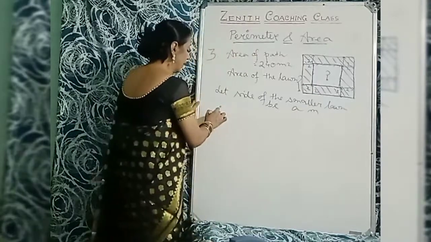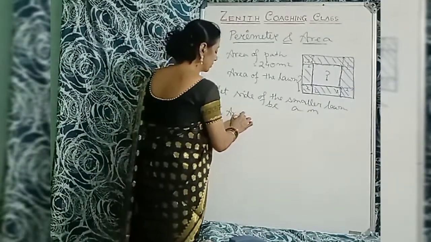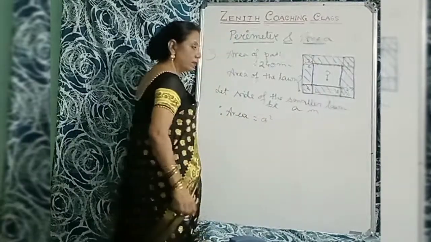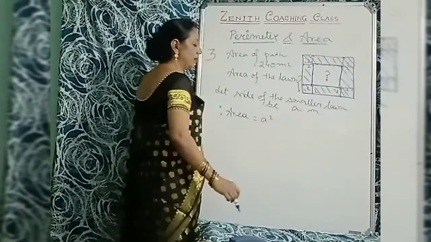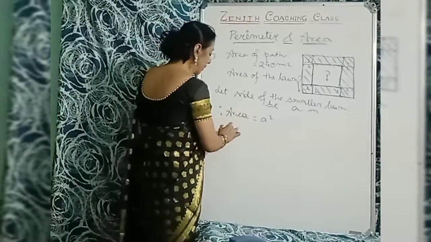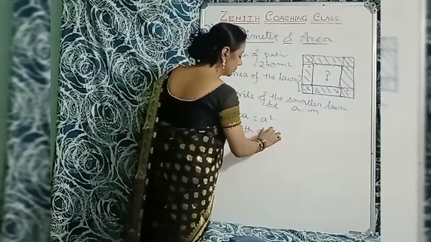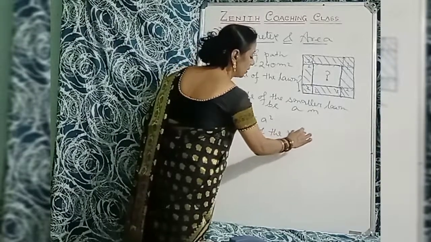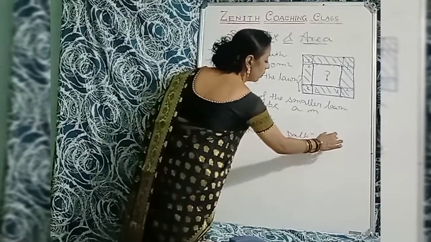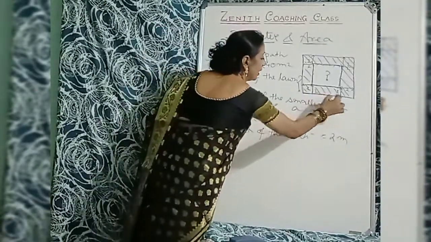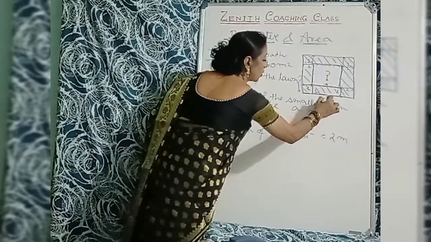Therefore area equals a square, because side multiplied by side is a square, and the width of the path equals 2 meter.